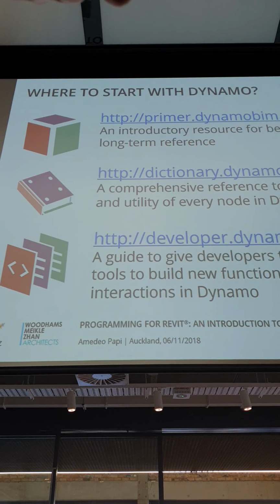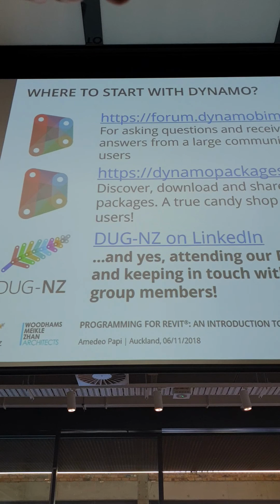The developer.dynamo.org is the guide when you want to use custom nodes. The forum is really important because the community is very keen on helping. The Dynamo packages is where you can download third-party packages, and let's hope that Dynamo User Group New Zealand will be here to help you too.